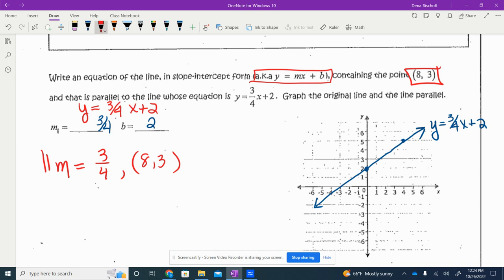Gavin Harper, can you write the equation in point slope form for the point (8, 3) with the slope of 3/4? Just tell me what it is. What is y1?